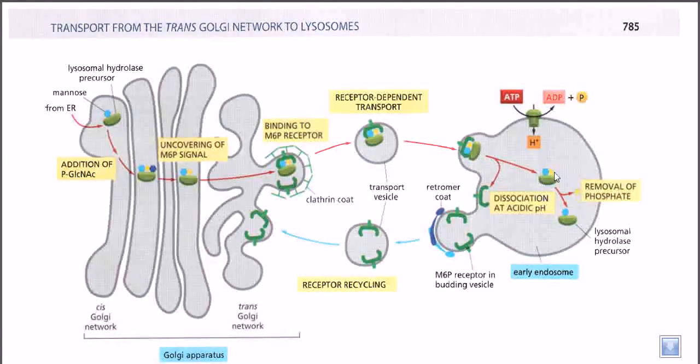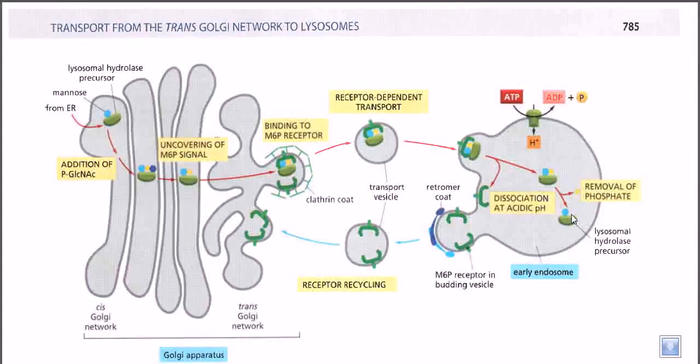It will also cleave the mannose residues and the N-acetyl glucosamine residue. It will remove the phosphate groups from the mannose 6-phosphate residues, and after the removal of the phosphate groups, the protein will finally fold properly and produce the hydrolase enzyme.